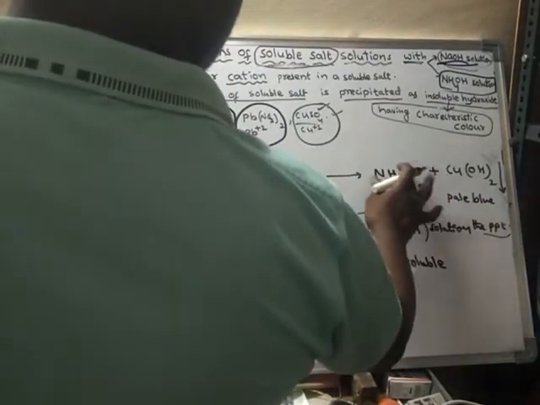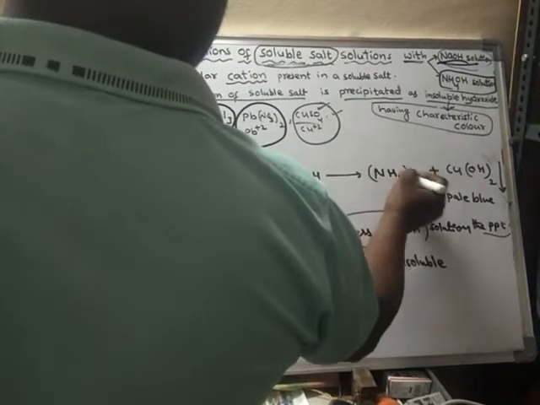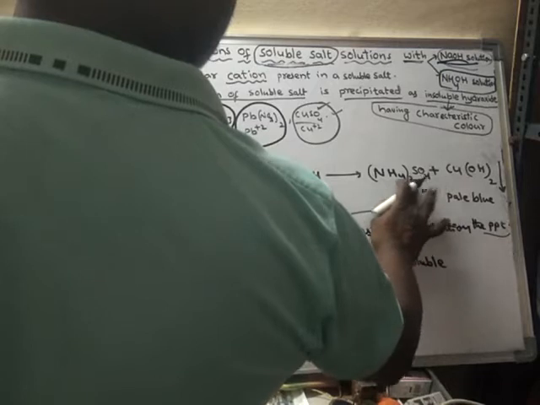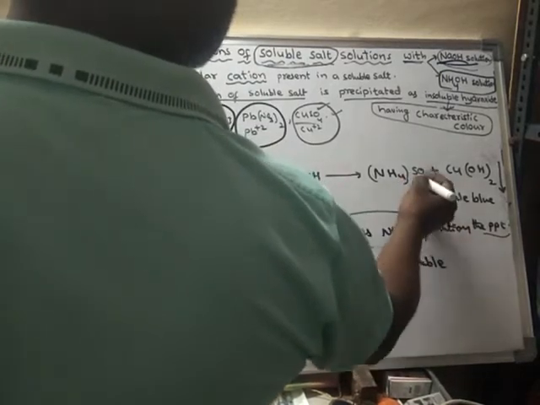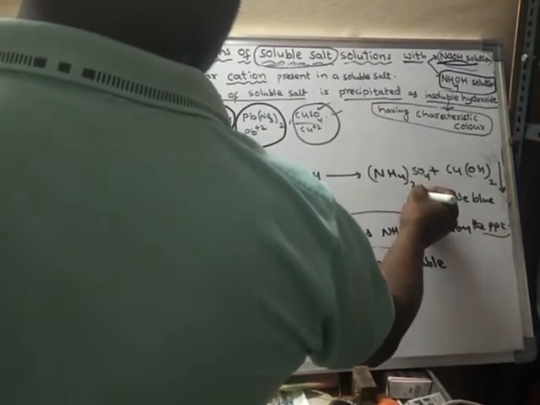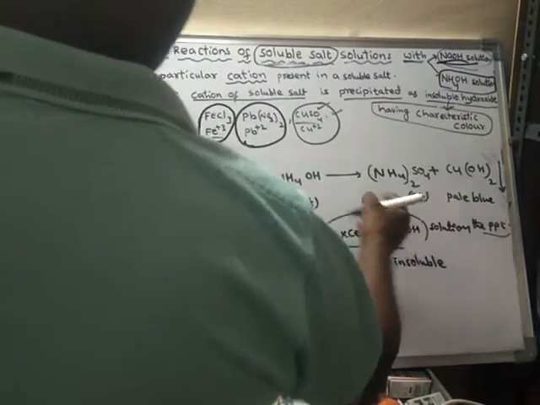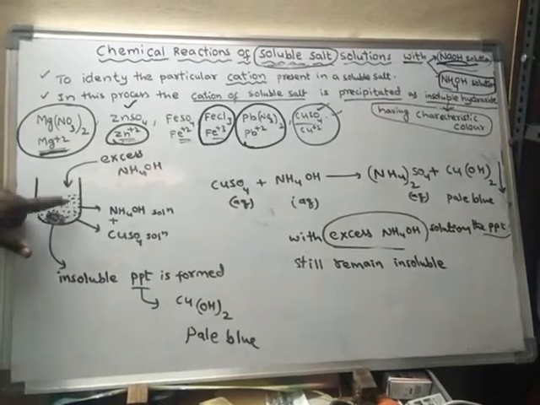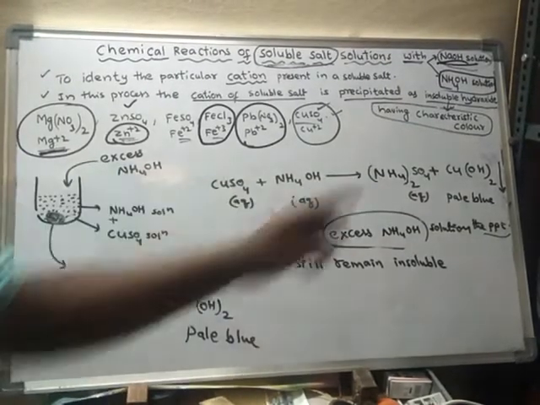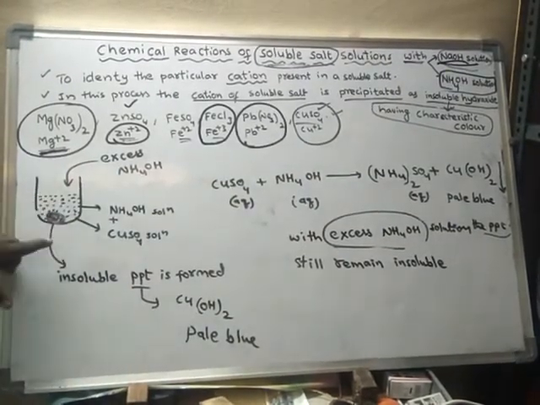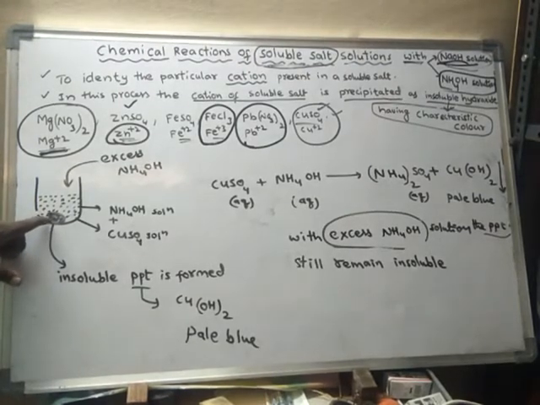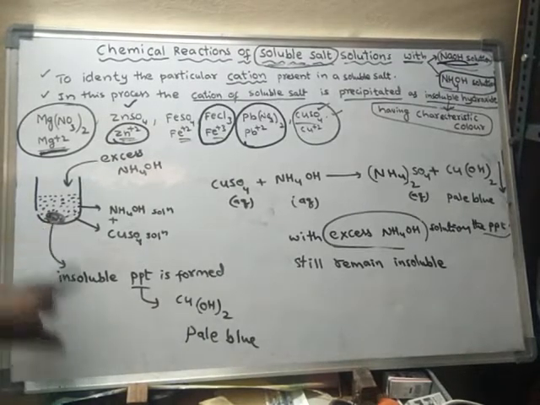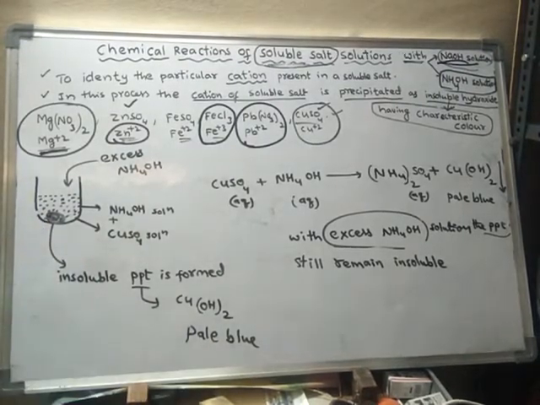An aqueous solution of ammonium sulfate is formed. In this reaction, the solution is ammonium sulfate, but the insoluble substance, the precipitate, is copper hydroxide, and its color is pale blue or light blue.